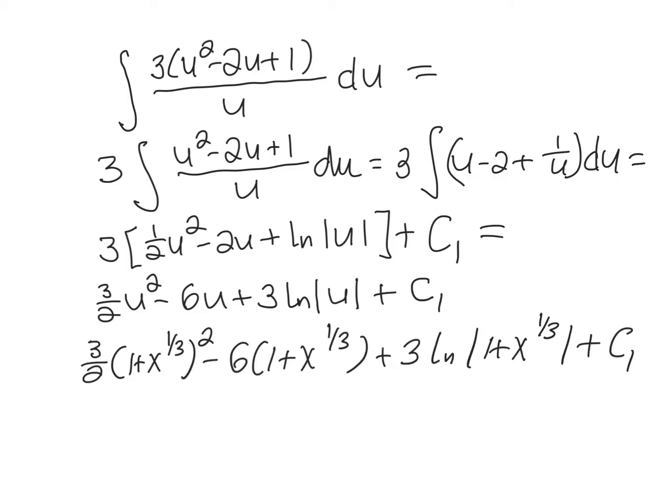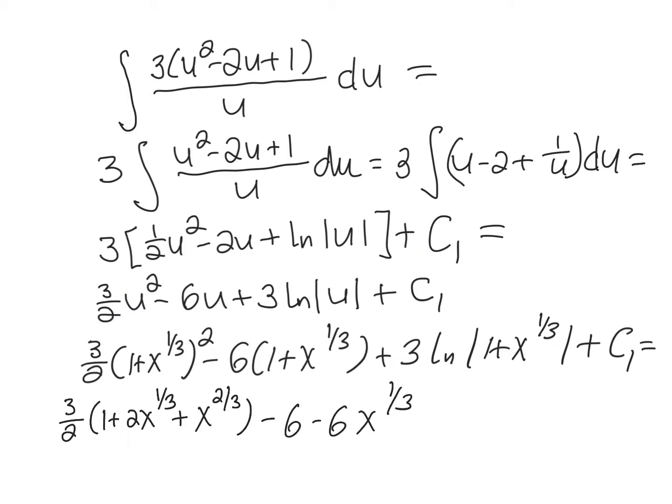This is a perfectly legitimate answer, and we can leave it, or we can further simplify it. And you would do that as follows. Expand 1 plus x to the 1/3 squared to 1 plus 2x to the 1/3 plus x to the 2/3. Of course, that's times 3/2, minus 6 x to the 1/3, plus 3 times natural log of absolute value of 1 plus x to the 1/3, plus c1.